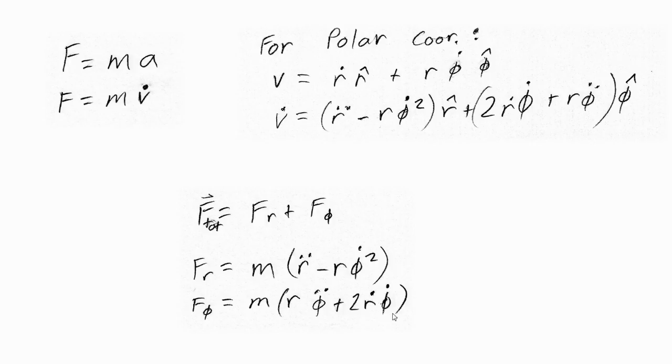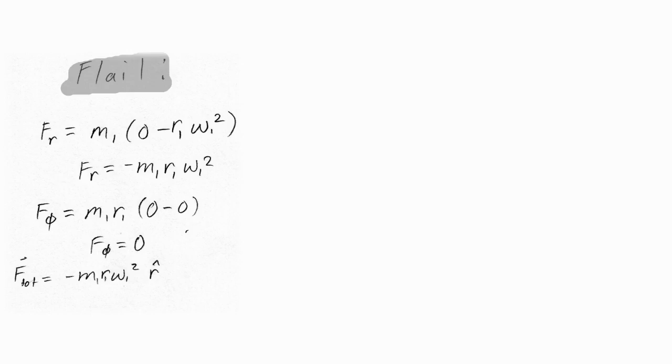So for the flail, for the force in the radial direction, the radius is constant. It's constantly r1, so that first term is 0, minus r1 times phi dot squared, where omega 1 would be phi dot, since the flail is moving at a speed of omega 1.